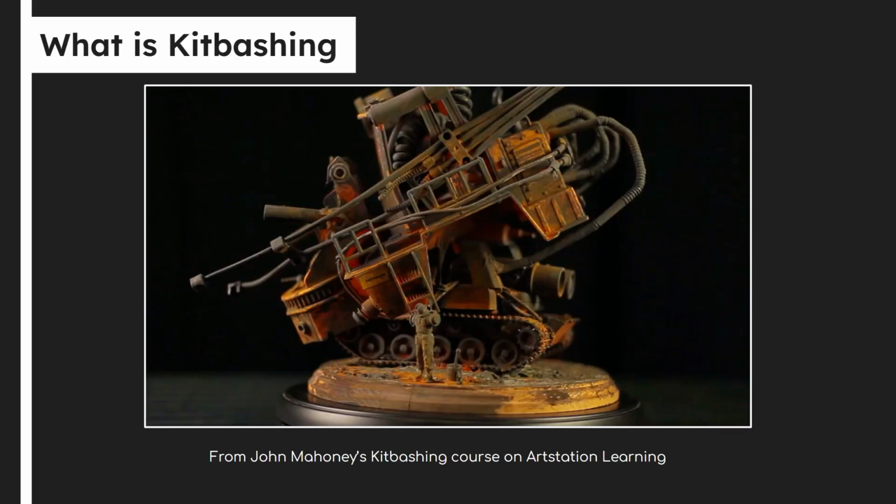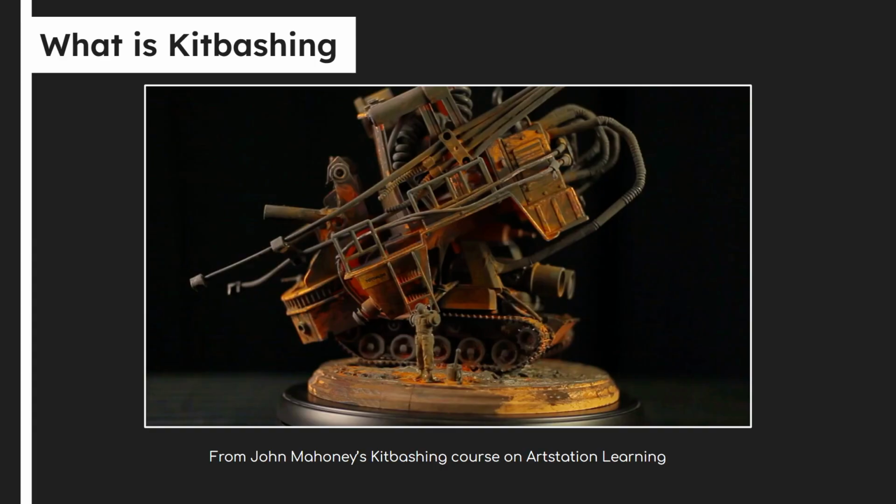So kit bashing, what it actually roots from is not 3D modeling at all, as I learned out actually like 2 days ago. But it doesn't actually root in 3D modeling at all. Kit bashing is a term that actually comes from building physical models, more or less, so building things like Warhammer figures or things like that. Generally, you're taking a bunch of different parts from different kits to build up cooler and unique ideas.